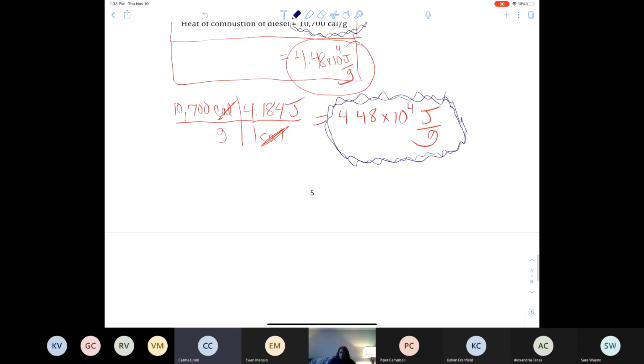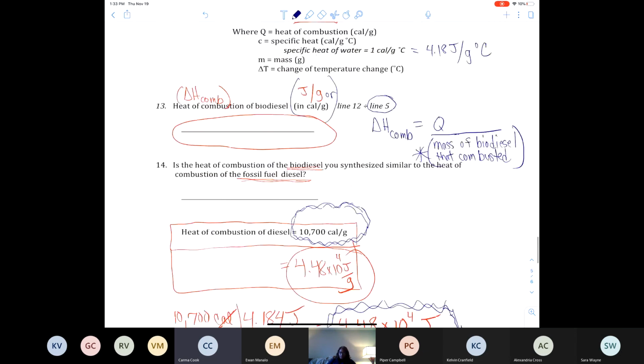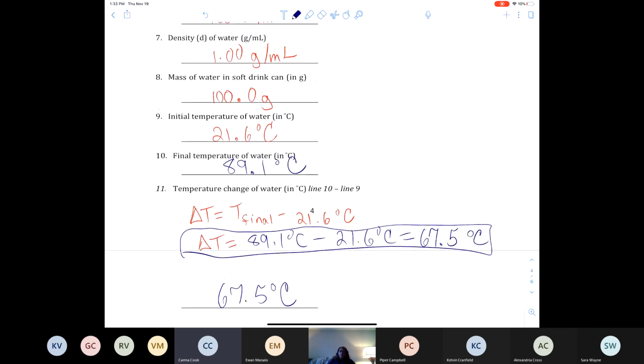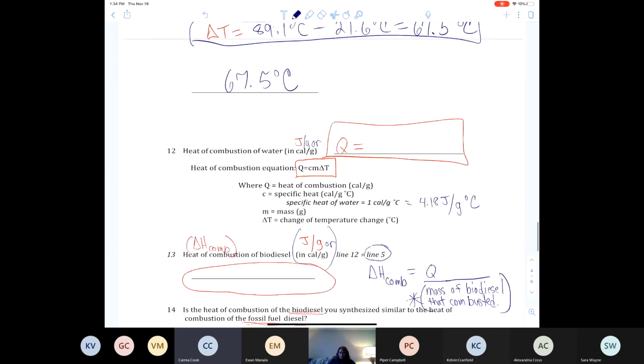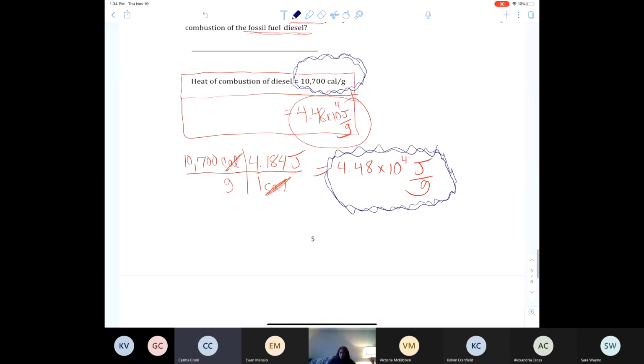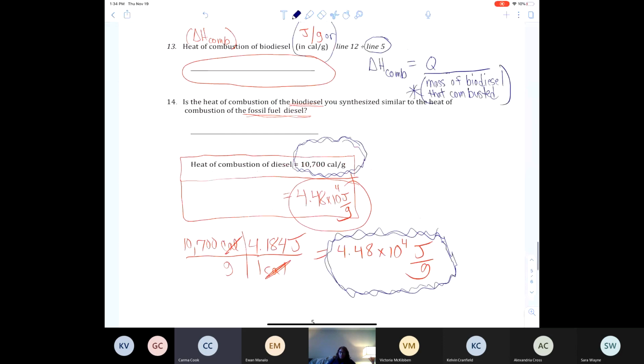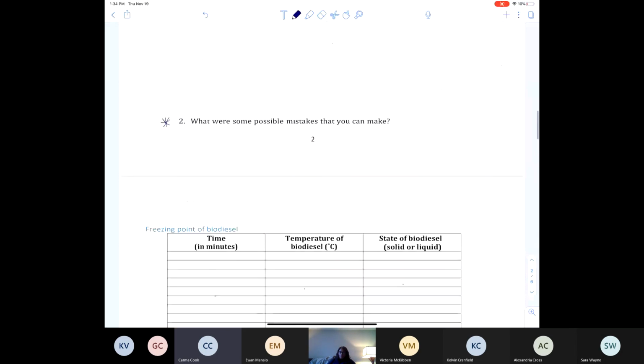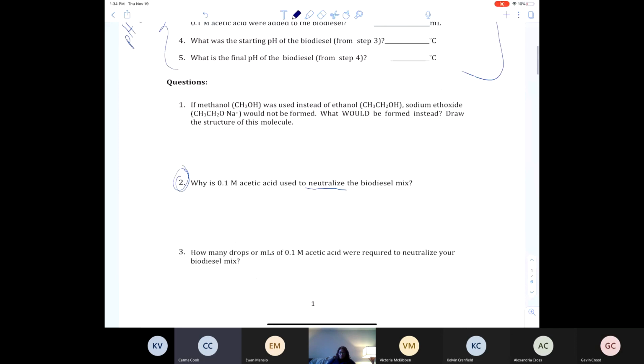Well, if there aren't any additional questions, you are free to leave the meeting room, or if you are still working, you are free to stay in the meeting room and finish up your calculations. And just remember to upload your lab report form to the Dropbox by tomorrow night.